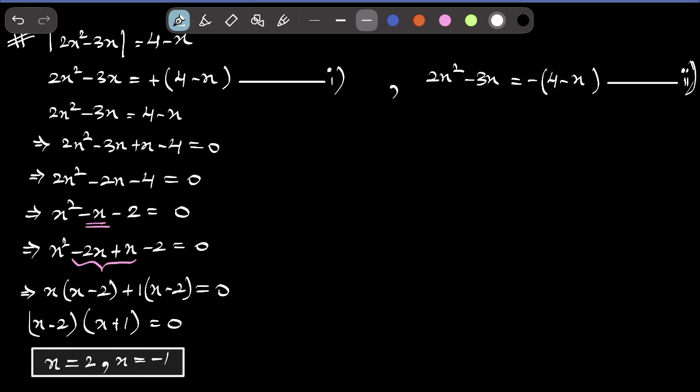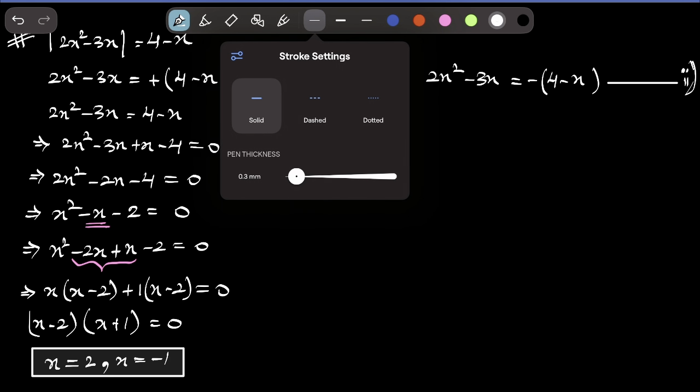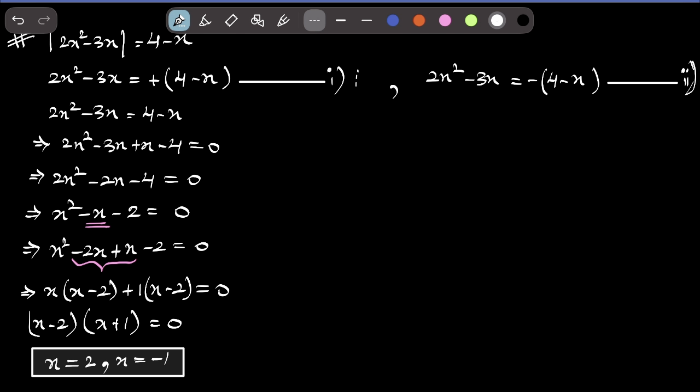In the same way, we are moving to the other part of this equation. So let's solve the second part of it. Yeah, so solving the equation number 2, we are going to get 2x square minus 3x is equals to -4 plus x, right?